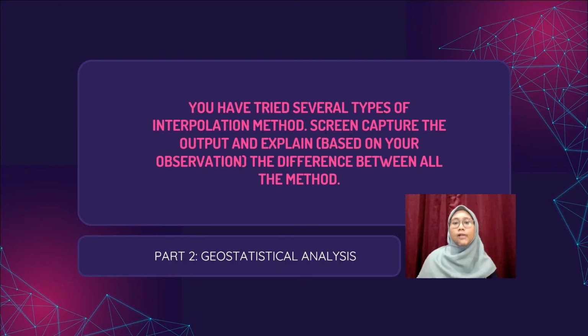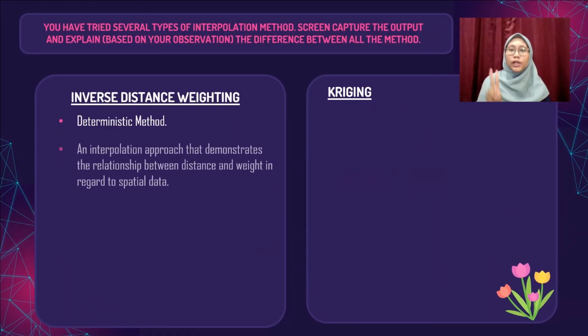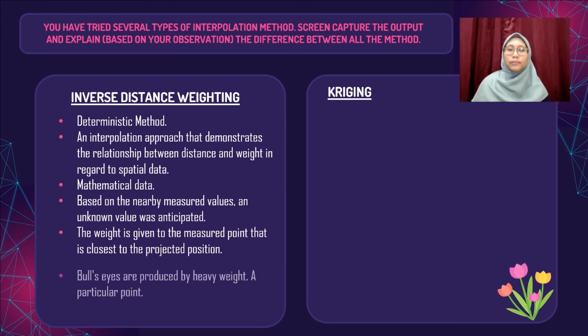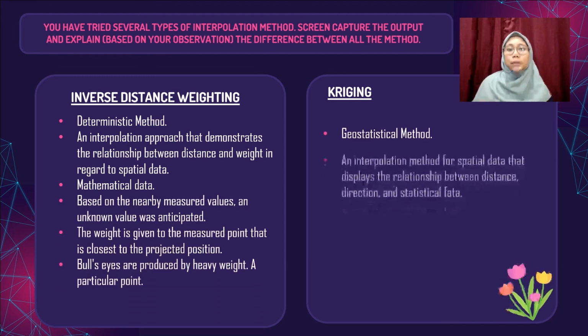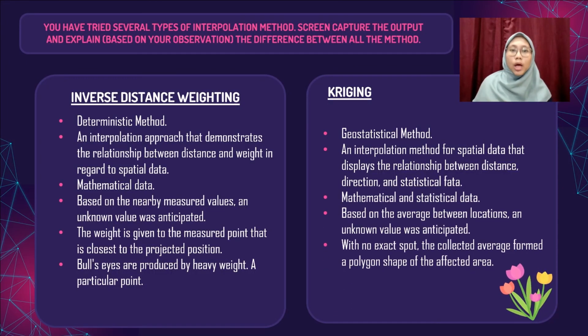You have tried several types of interpolation methods, screen capture the output and explain based on observation the differences between all the methods. There are two: inverse distance weighting and kriging. Inverse distance weighting or IDW is a deterministic method, and it is an interpolation approach that demonstrates the relationship between distance and weight in regard to the spatial data.